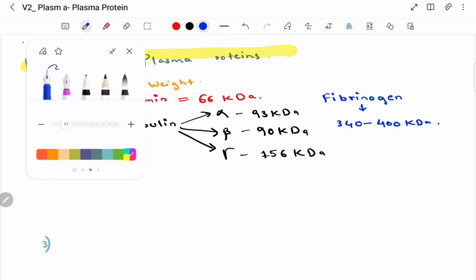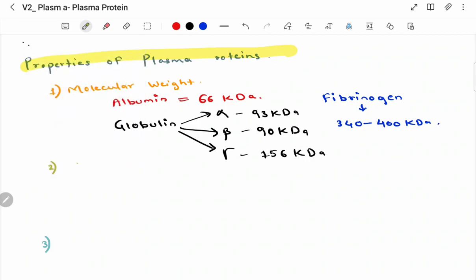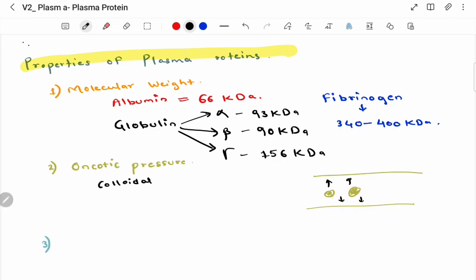Next property is oncotic pressure. Plasma proteins are responsible for oncotic or osmotic pressure in the blood. Osmotic pressure exerted by the plasma protein in the plasma is called colloidal osmotic pressure or oncotic pressure.